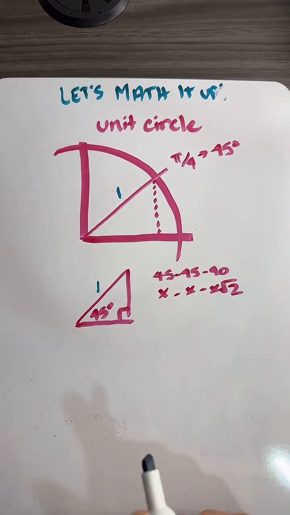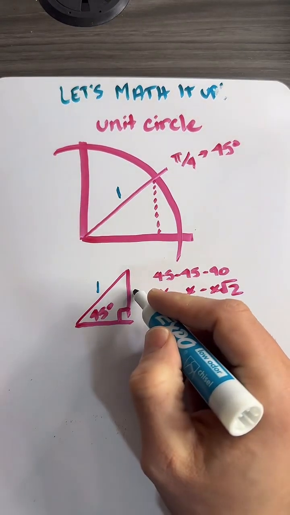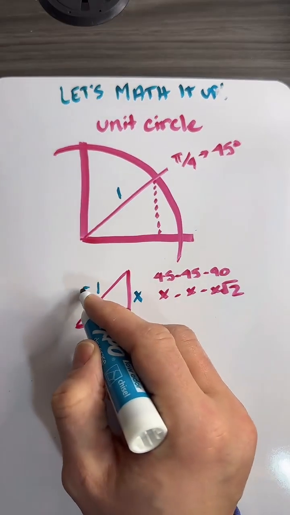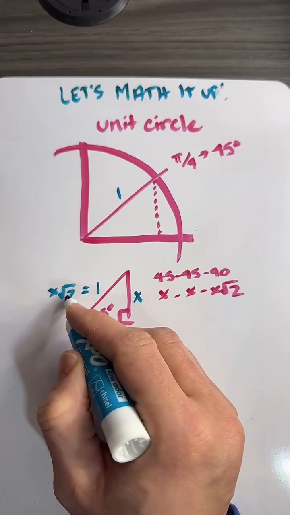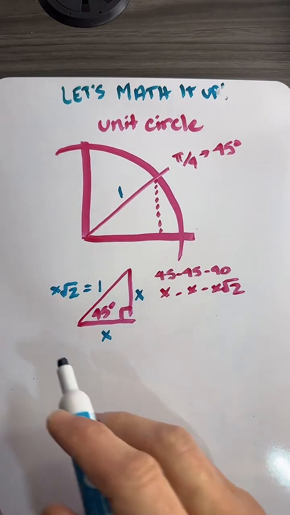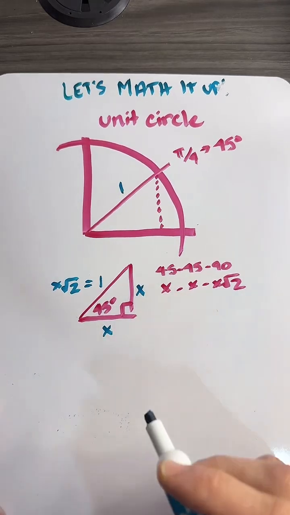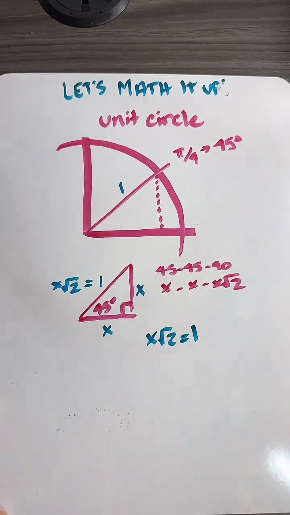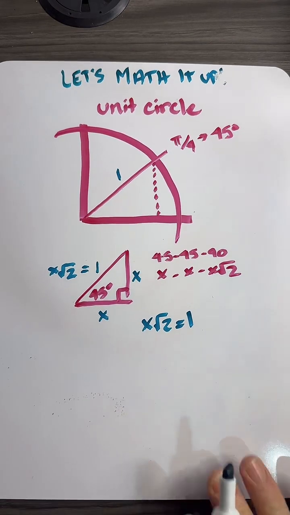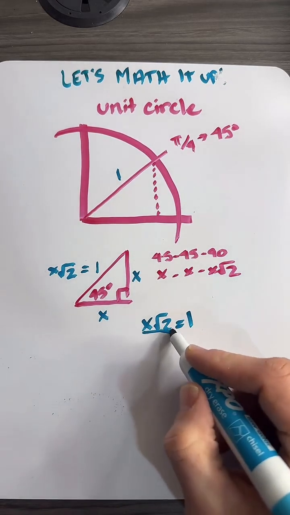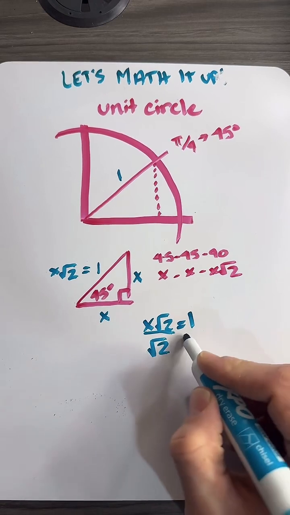So we end up getting this to be x, this to be x, and the hypotenuse 1 equaling x root 2. If x root 2 equals 1, what does x equal? If some of you have already studied this unit circle, you want to know how they get those weird numbers. This is how. I'm going to divide by the square root of 2.